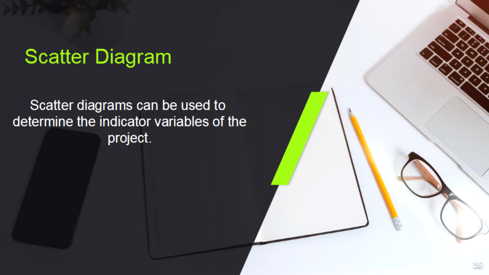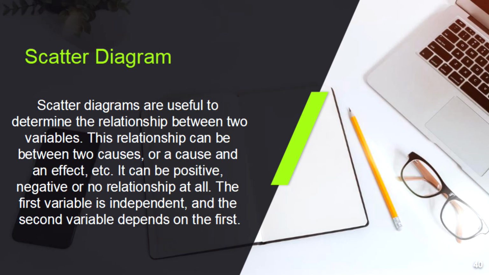Next, scatter diagrams are useful to determine the relationship between two variables. This relationship can be between two causes, or cause and effect, and others. It can be positive, negative, or no relationship at all. The first variable is independent and the second variable depends on the first.